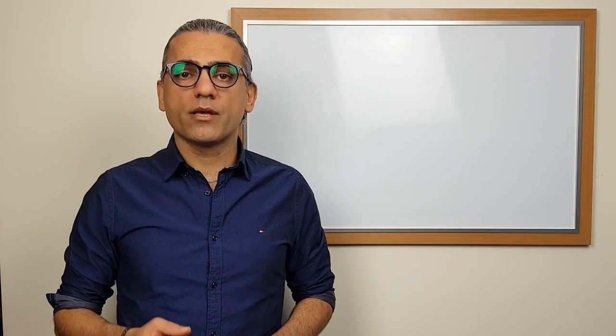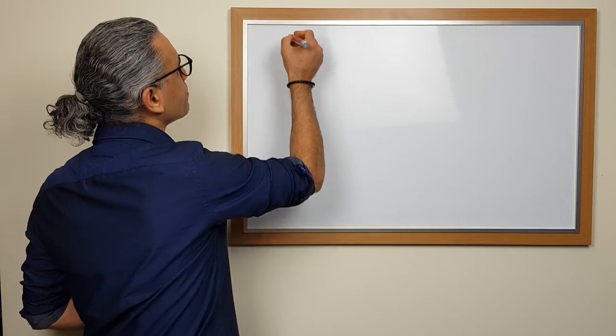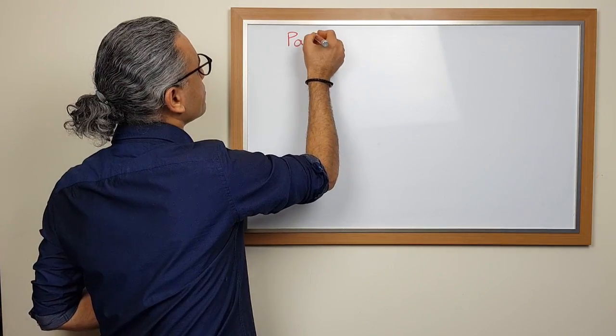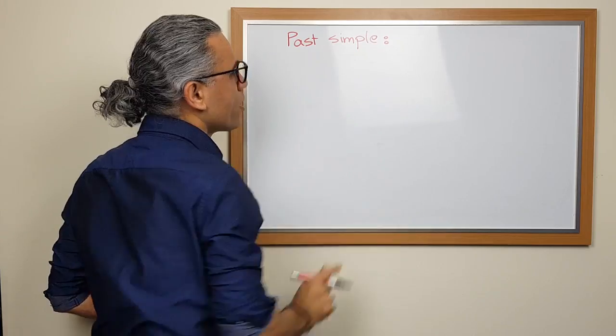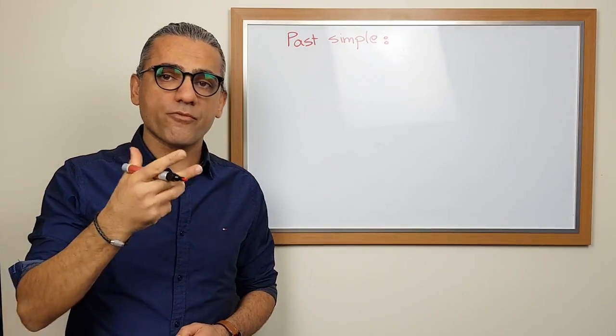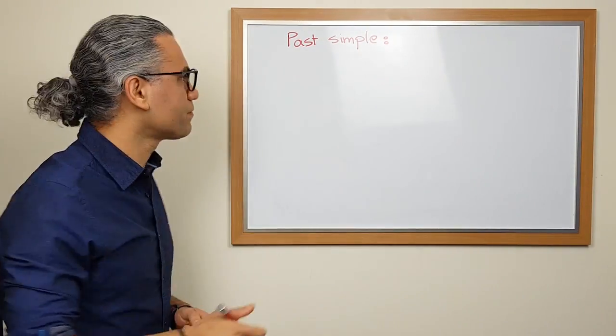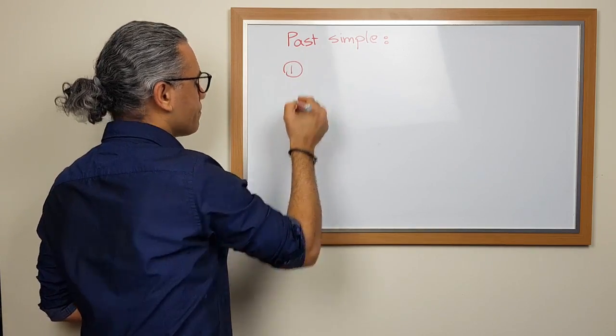Let's start with past simple. For past simple, we have three functions in English. Function number one.